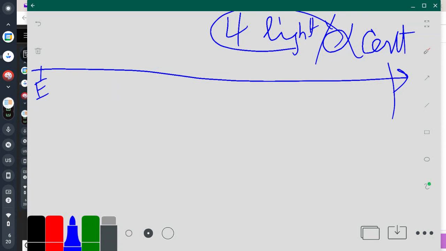Let's say the distance is like 10 to the 20th. 10 to the 9th is billion, right? 10 to the 12th is trillion.